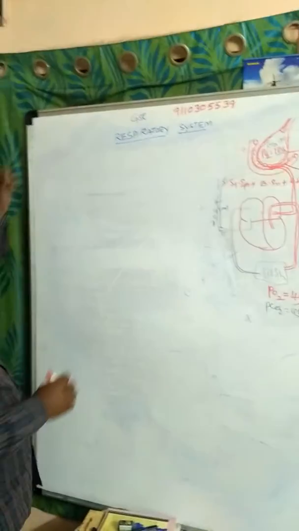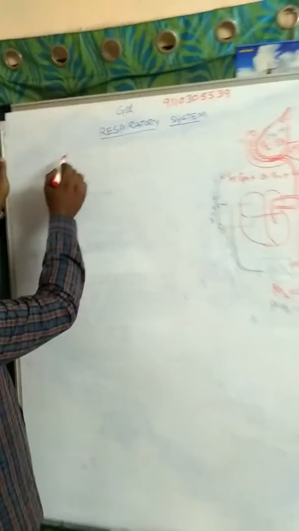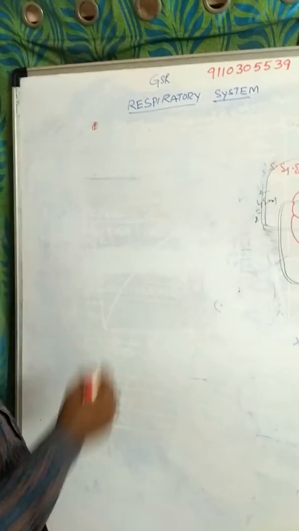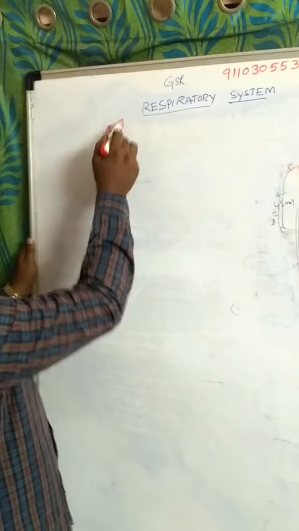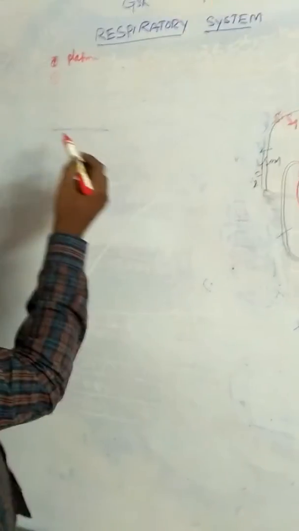Transport of CO2 takes place through three ways: plasma, carbamino compounds, and third one is bicarbonates.